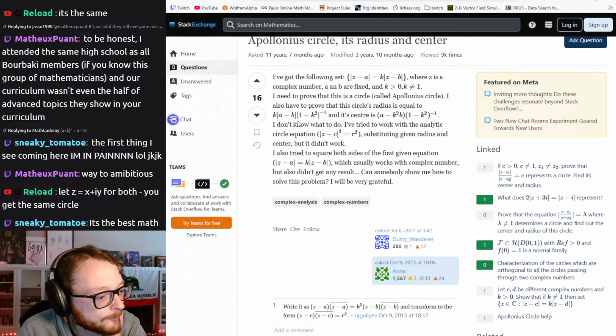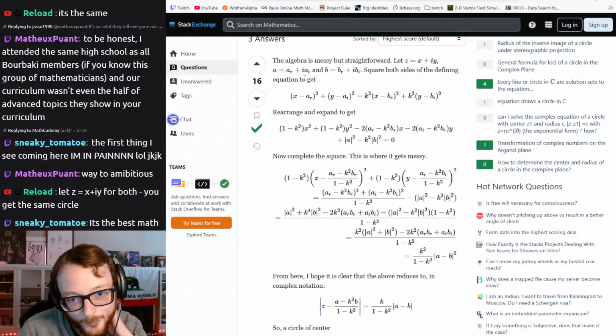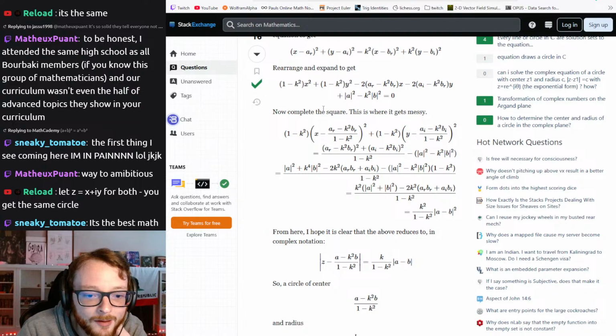Let z equal x plus iy for both. You get the same circle. Really? I guess that's what they're doing here in saving us the pain.